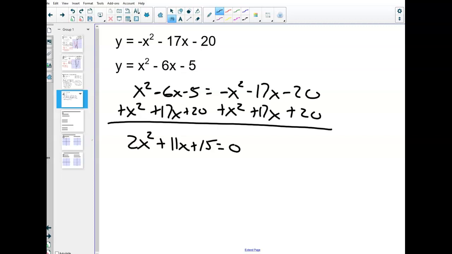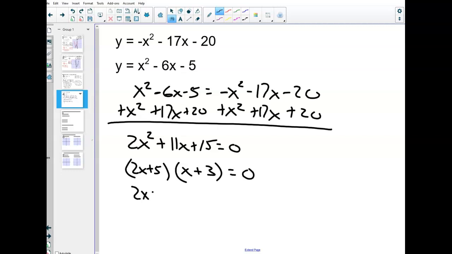And I'm going to factor that. The factors of 2, 2x and x. Factors of 15, I'm going to put 5 here and 3 here. And obviously both plus signs.